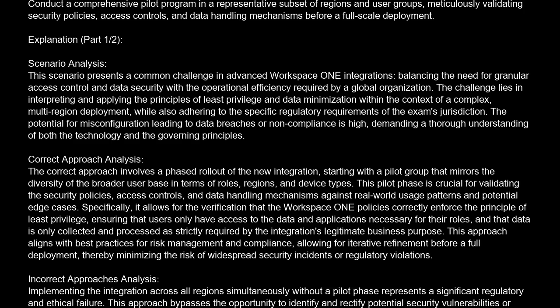Specifically, it allows for the verification that the Workspace ONE policies correctly enforce the principle of least privilege, ensuring that users only have access to the data and applications necessary for their roles, and that data is only collected and processed as strictly required by the integration's legitimate business purpose. This approach aligns with best practices for risk management and compliance, allowing for iterative refinement before a full deployment, thereby minimizing the risk of widespread security incidents or regulatory violations.